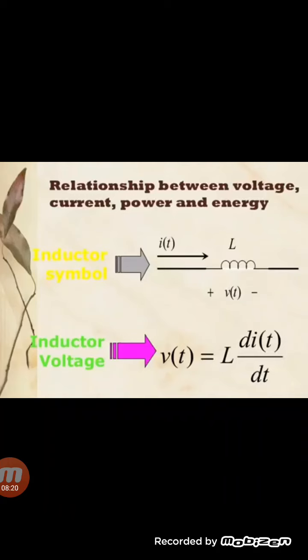Now, what is the inductor voltage? It is L di(t)/dt, right? The amount of current passing per unit time, multiplied with L, is the voltage.